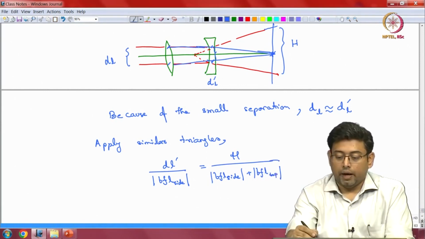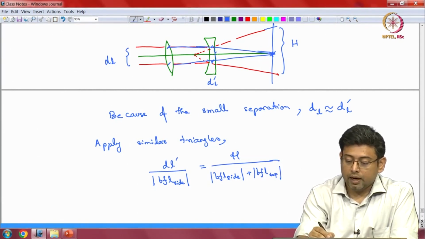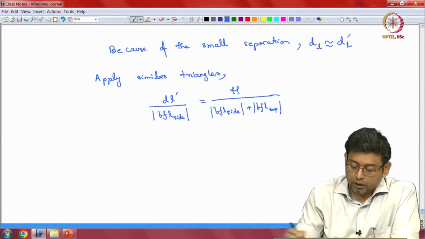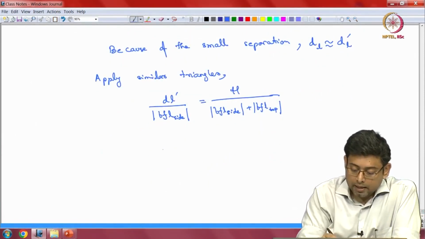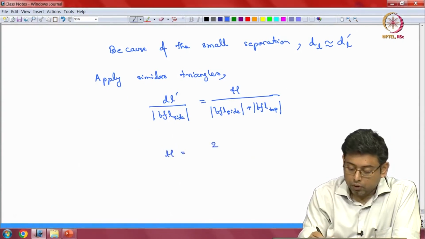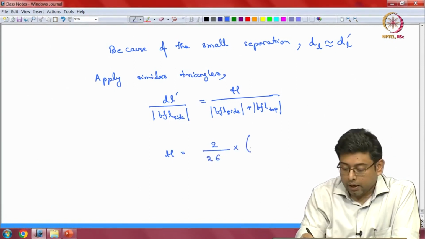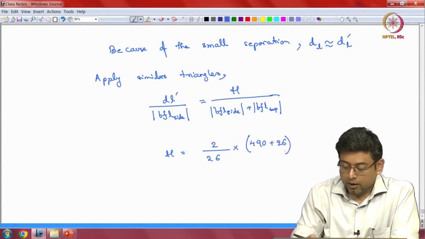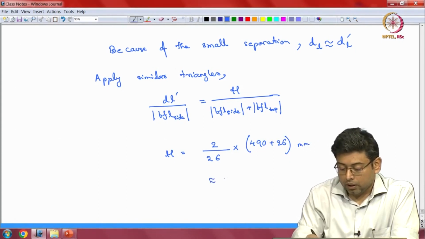So, H divided by this total distance, which is this negative distance here and this positive distance 490, right. So, H is nothing but 2 divided by 26 multiplied by 490 plus 26. Okay. This is in mm, and this comes out to be something around 40 mm.